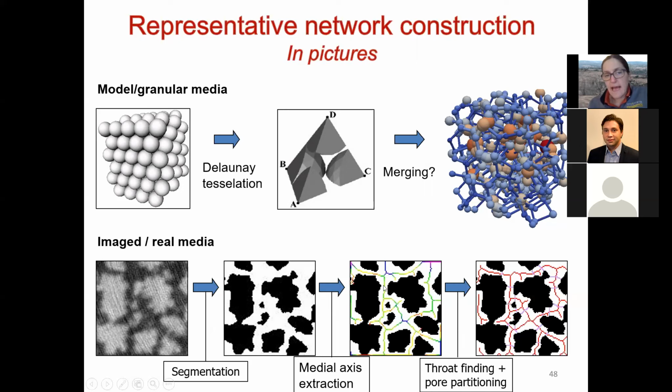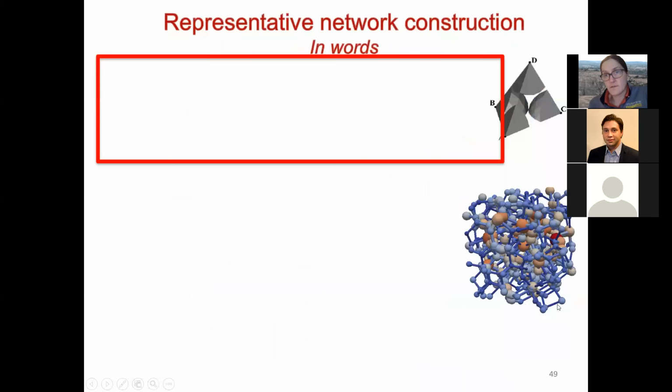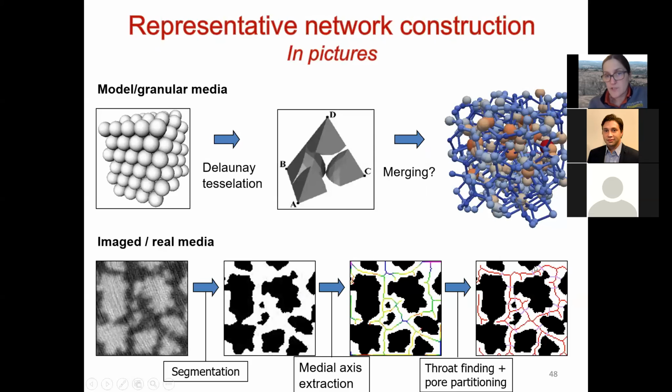But technically, if I had a medial axis as a set of pathways, you could find these throats, or the minimum constrictions. You can then place them almost like roadblocks in your medium, and then you can define pores as bordered by solids and the throats. So this is one pore, this is another pore, this is the third pore, and so forth.